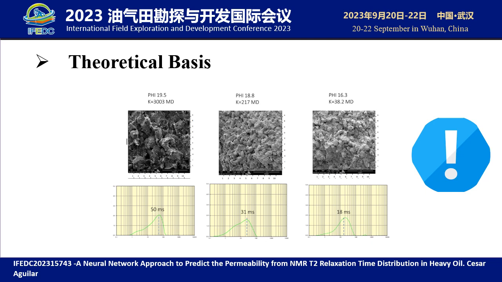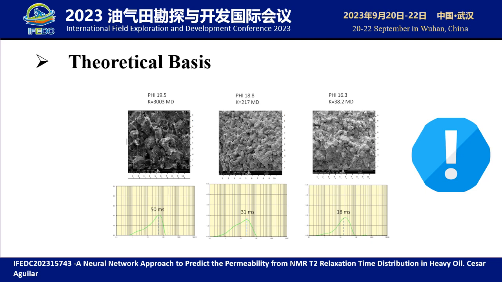In the first sample, you will see big pores and low clay volume in this high permeability sample. And if you look at the NMR T2 distribution from the NMR experiment, you will see this peak around 50 milliseconds.